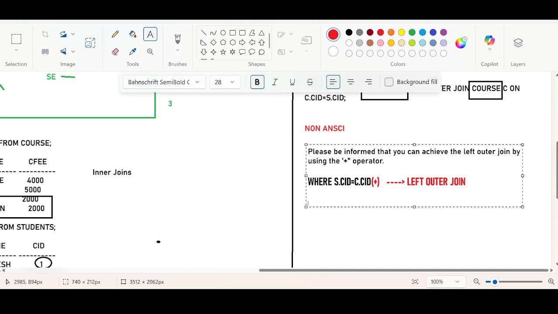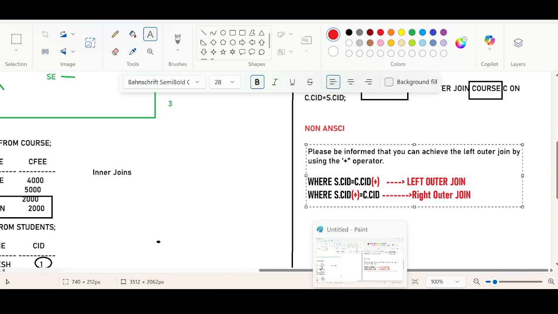Okay, and the same plus operator, if we use it on the left side. Here, left side means here. Will be treated as right outer join.